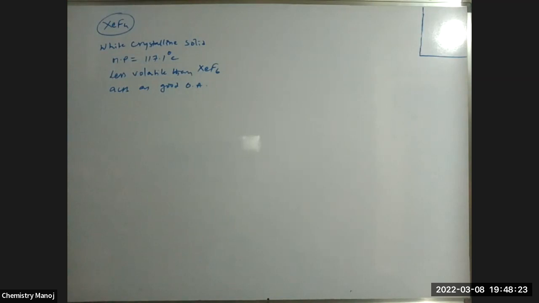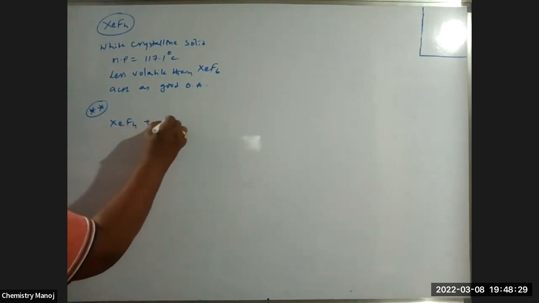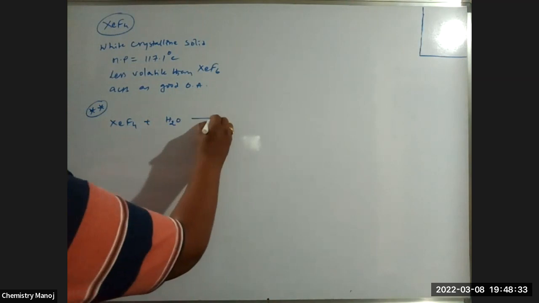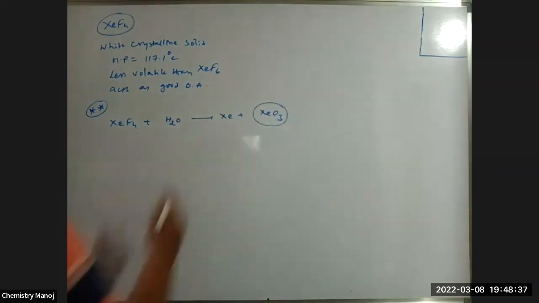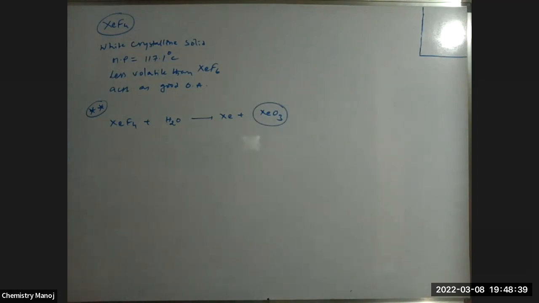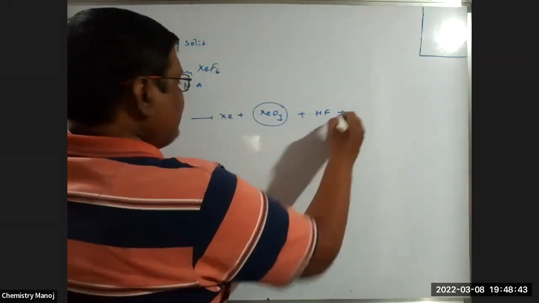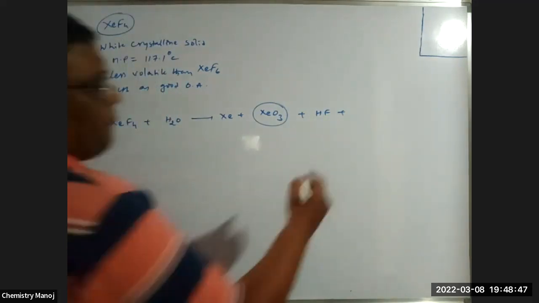Here also the hydrolysis reaction is very, very important, my dear. When XeF4 reacts with water, hydrolysis gives Xe plus XeO3. It is important, it is a preparation of XeO3 also. XeO3 plus HF plus O2.